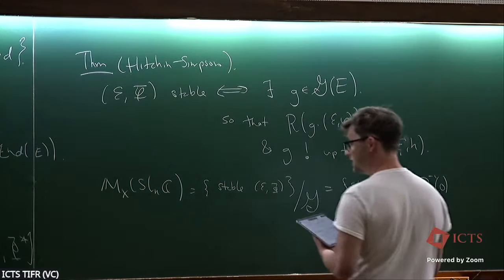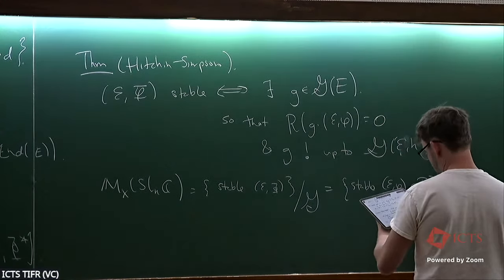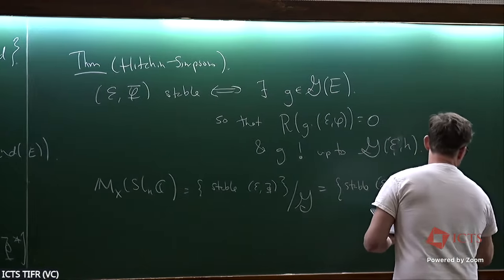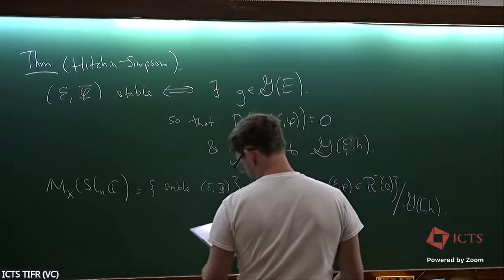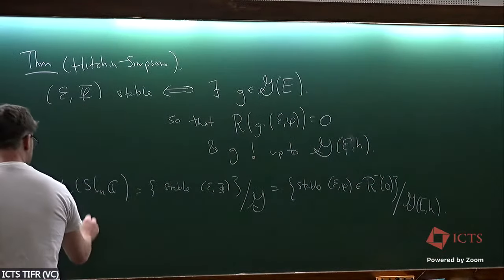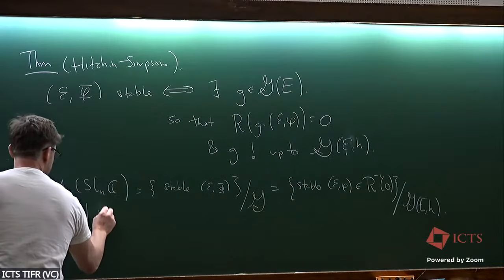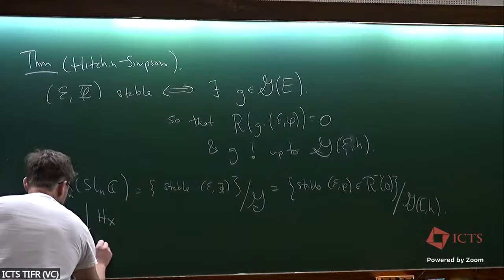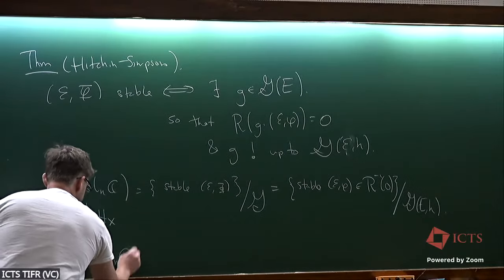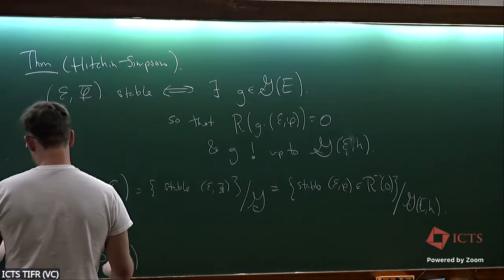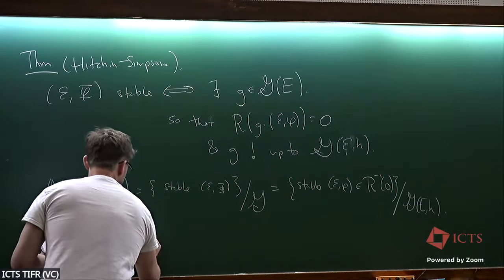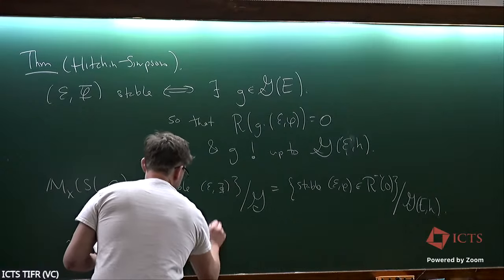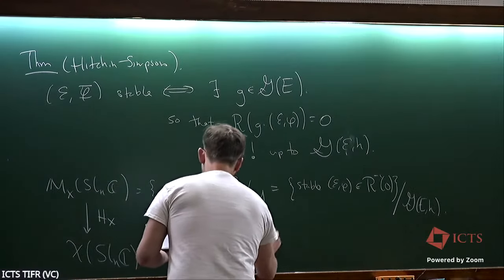So R is something related to a moment map, like in Rui's talk, mod the unitary gauge group. Okay, and the map now, which is what I was calling H_X last time, to the character variety, SL(n,C), is defined by taking the holonomy of the flat connection.